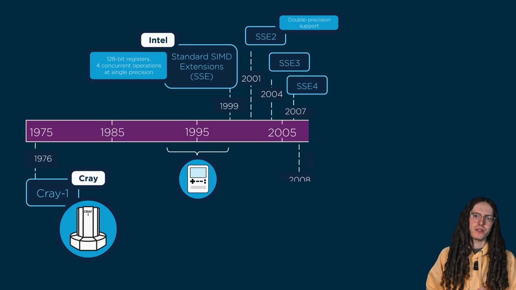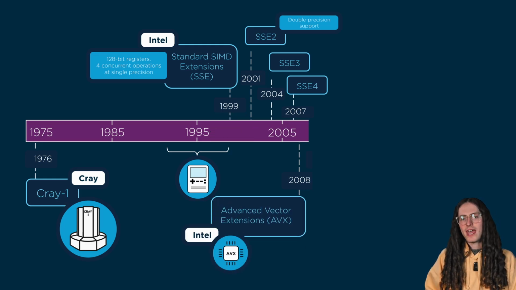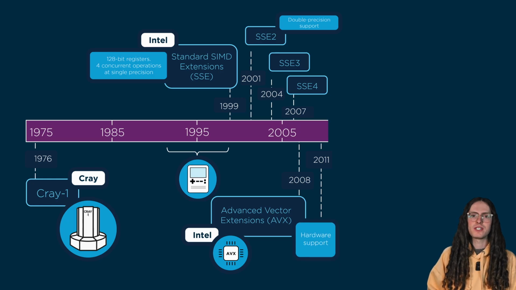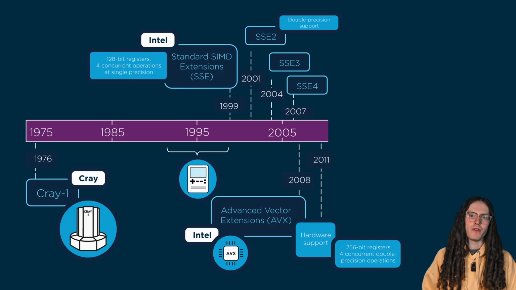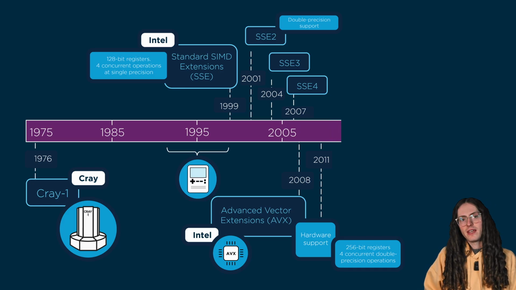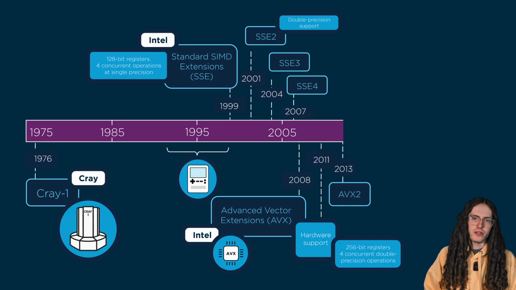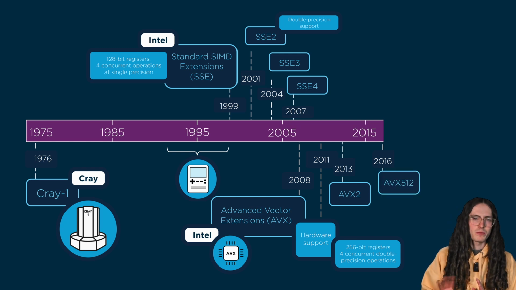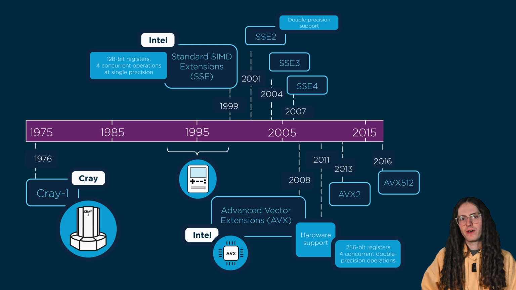Intel later introduced Advanced Vector Extensions, or AVX, in 2008, with hardware support in 2011, which extended the vector capabilities of modern CPUs with 256-bit registers, giving 4 concurrent double precision operations. Later, AVX2 added further integer operation support. However, in 2016, AVX 512 was announced, though hardware support continues to be uneven in 2025.